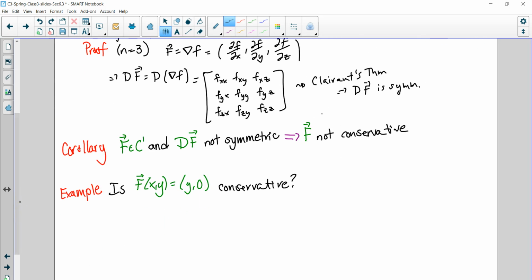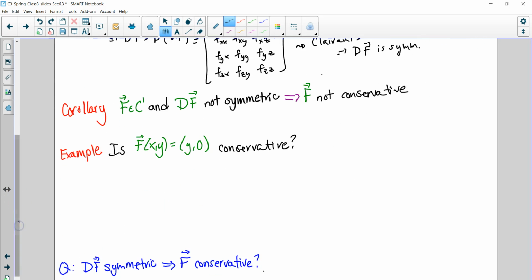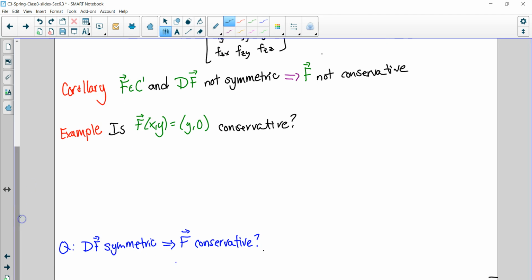Then, just as a quick example, if we have this vector field, (y, 0), is this conservative? This is the example that we actually saw in the very beginning in video 1 of this section. So if I look at the derivative matrix associated with vector field f, what I believe I get is 0, 1, 0, 0.